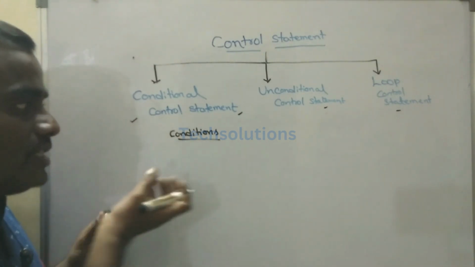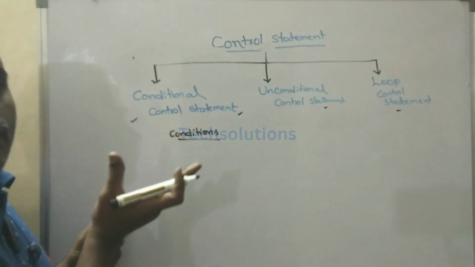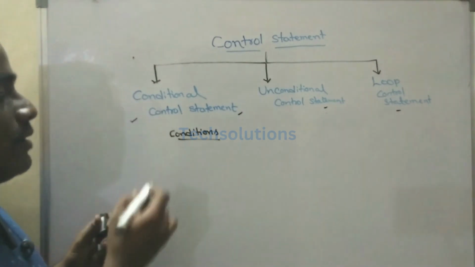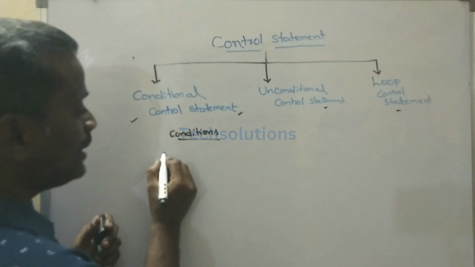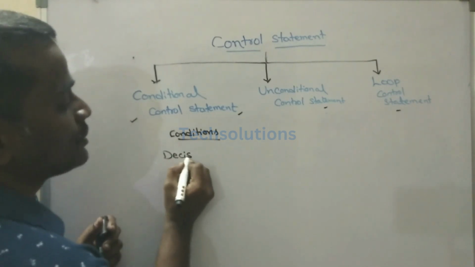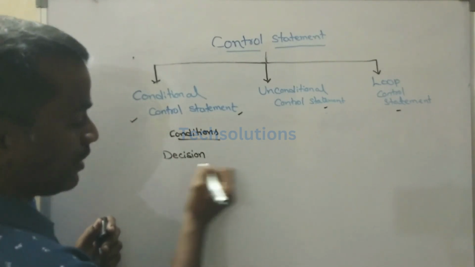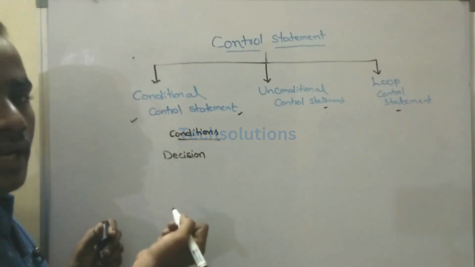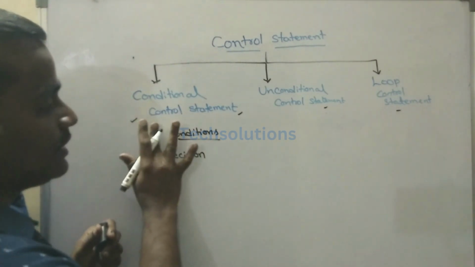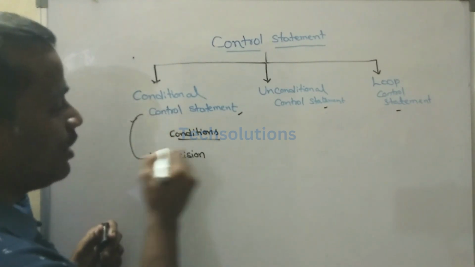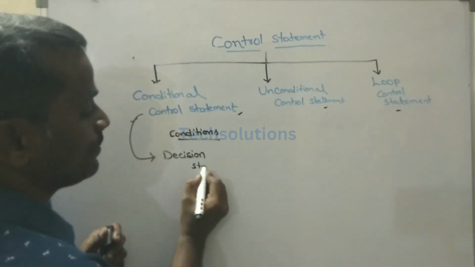Depending on the conditions, we can execute a particular block of statements. Conditional control statements are also called decision making statements or decision statements, because you take a decision depending on the condition about which block of statements you want to execute.